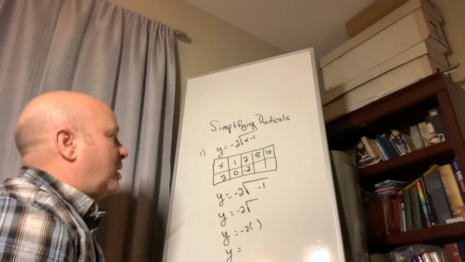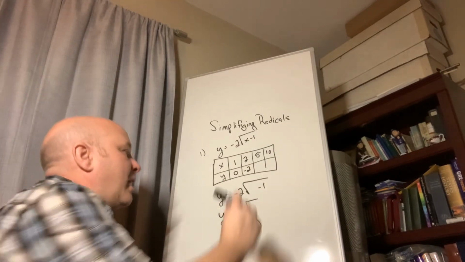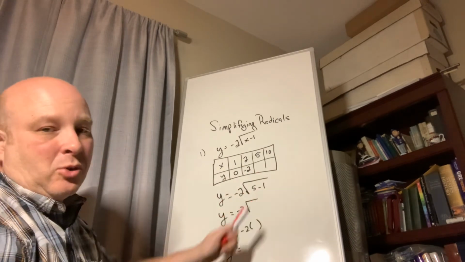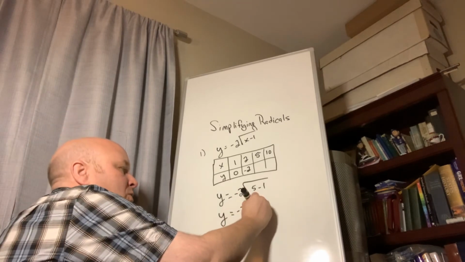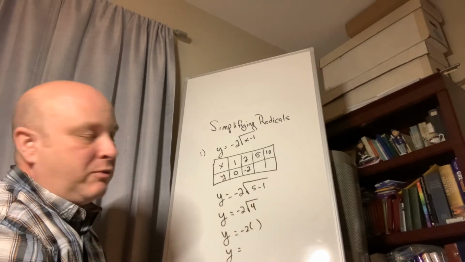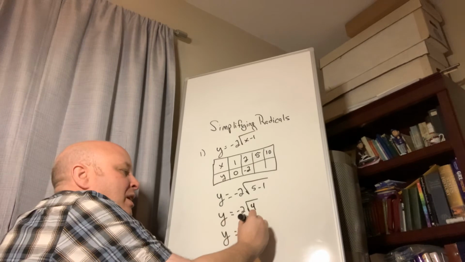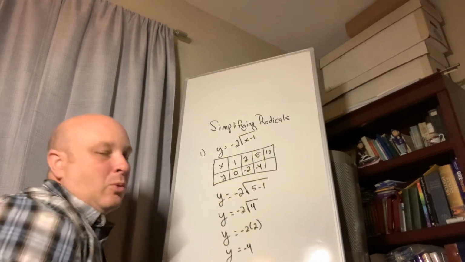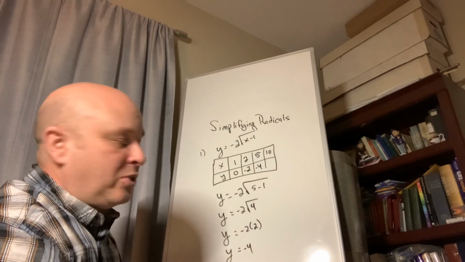What happens when x equals 5? Let's find out. y equals negative 2 times the square root of 5 minus 1. In other words, y equals negative 2 times the square root of 4. In other words, y equals negative 2 times 2, negative 4. So when x equals 5, y equals negative 4.